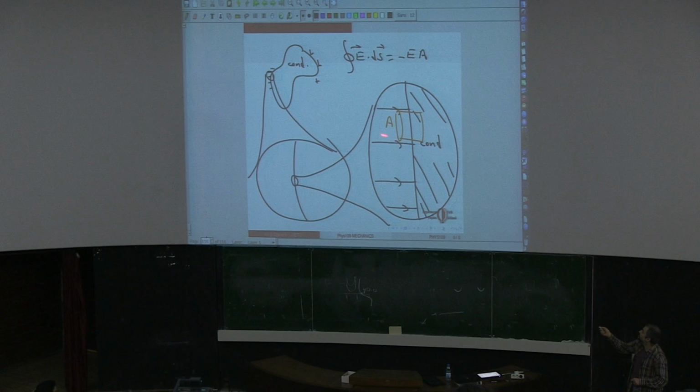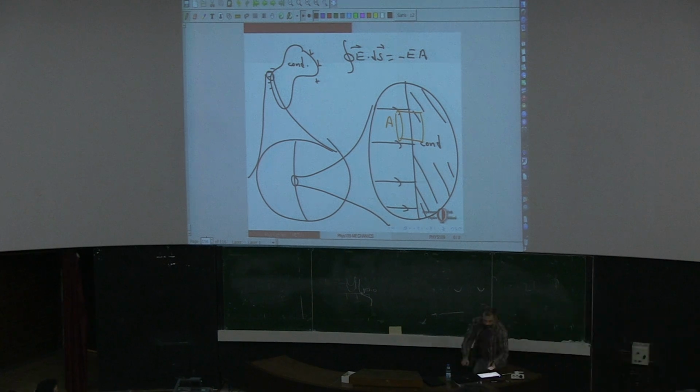The electric field is perpendicular to the surface. This area is parallel to the surface. From the sides, I don't receive any contribution because on the sides, dS is perpendicular to the electric field. In this region, the electric field is 0 because we are inside the conductor. On the top of the cylinder, E and dS are pointing in opposite directions. dS is pointing outward, electric field is pointing inward. So that's why I have this minus sign over there.